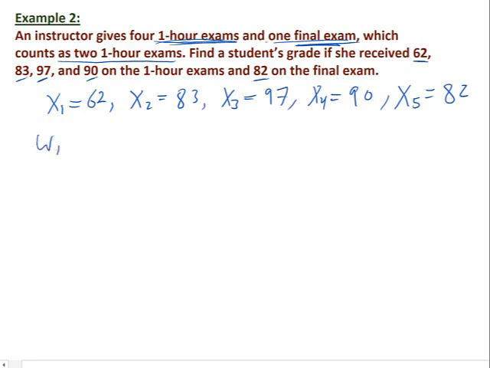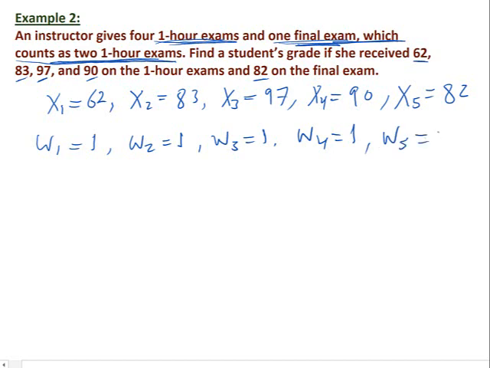The final exam counts as two 1 hour exams. So w1 equals 1, w2 equals 1, w3 equals 1, w4 equals 1, but w5 equals 2 because the final exam counts as 2 one-hour exams.